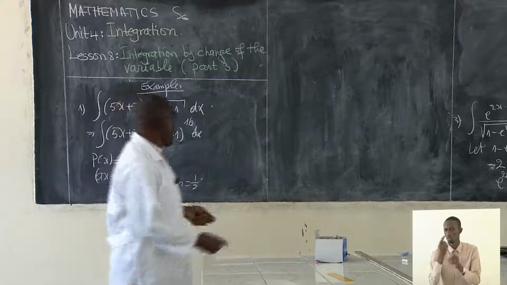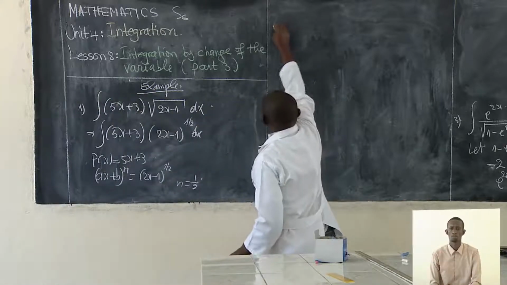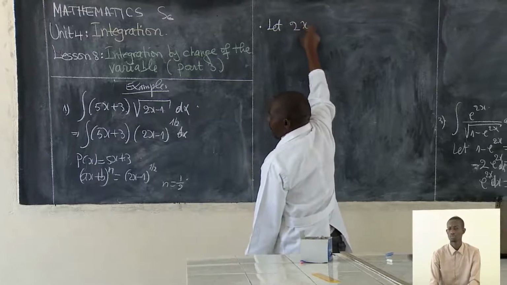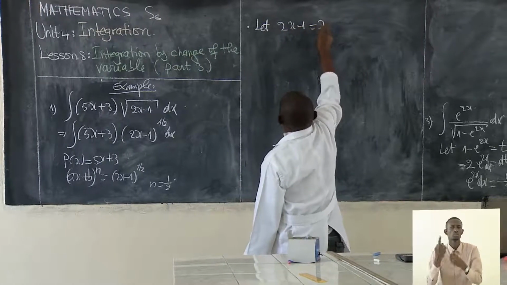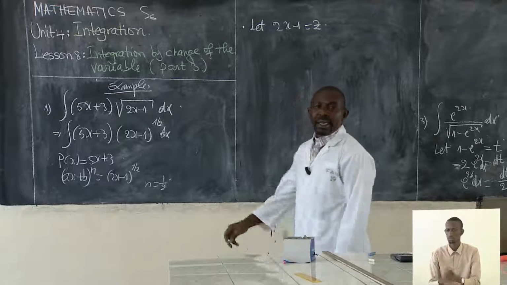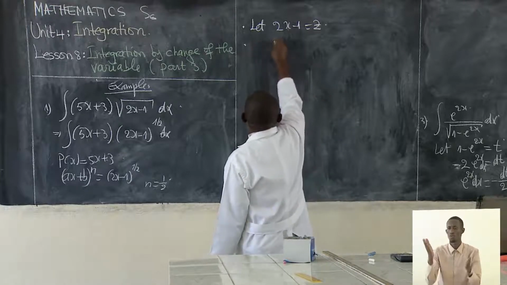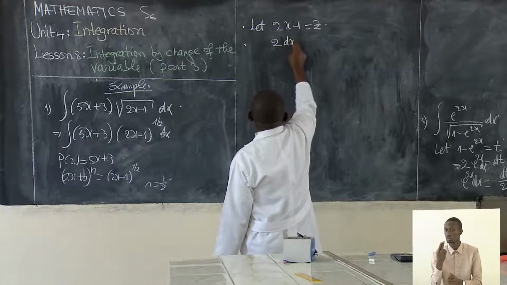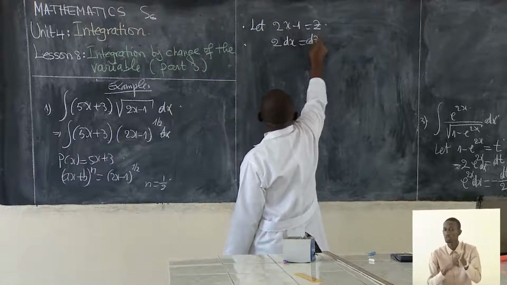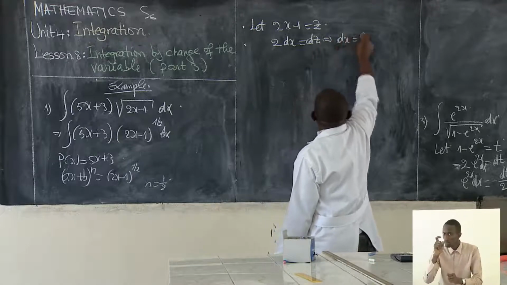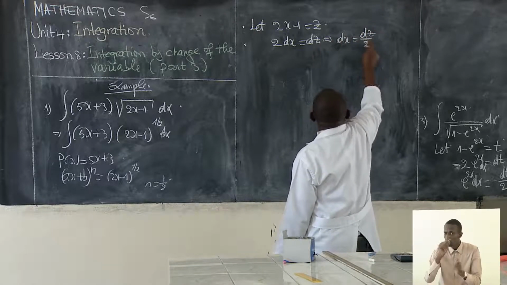So applying the method, we let 2x minus 1 equal z. Then I differentiate both sides to get 2 dx, which is equal to dz. Means that dx is equal to dz divided by 2.